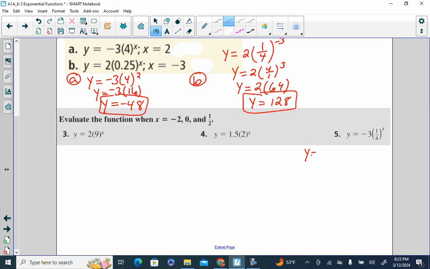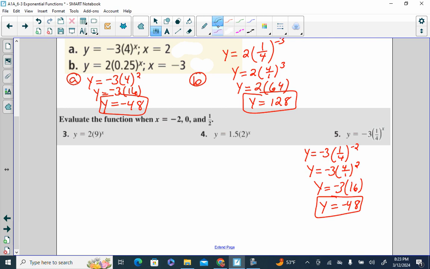So y is going to be equal to negative 3 times 1 over 4 to the negative 2 power. That's going to be y is equal to negative 3 times 4 over 1 squared. Y is equal to negative 3 times 4 squared, which is 16. So y is going to be equal to negative 48.